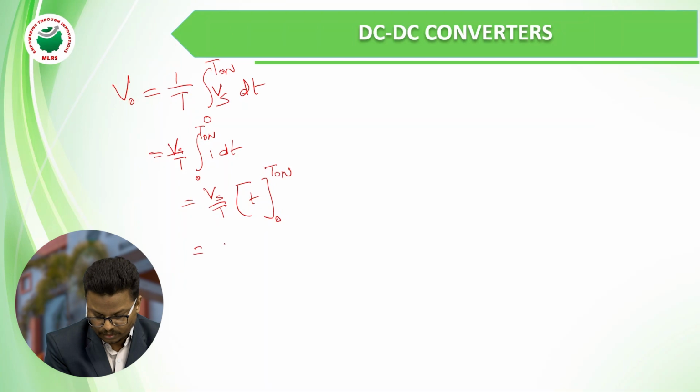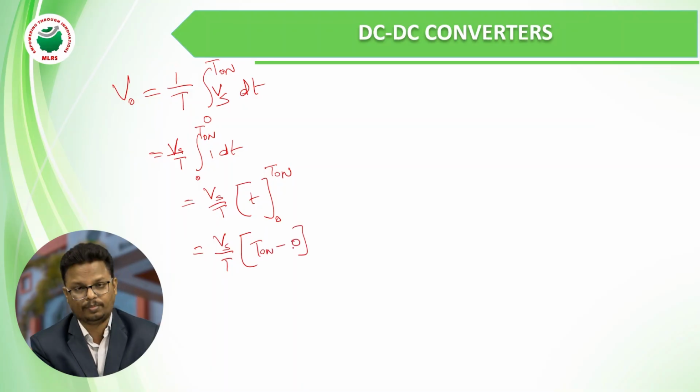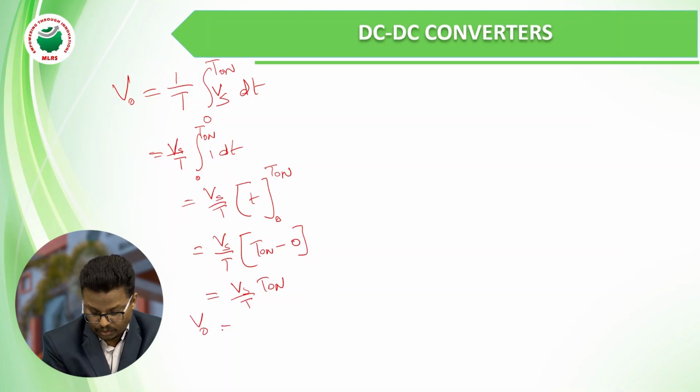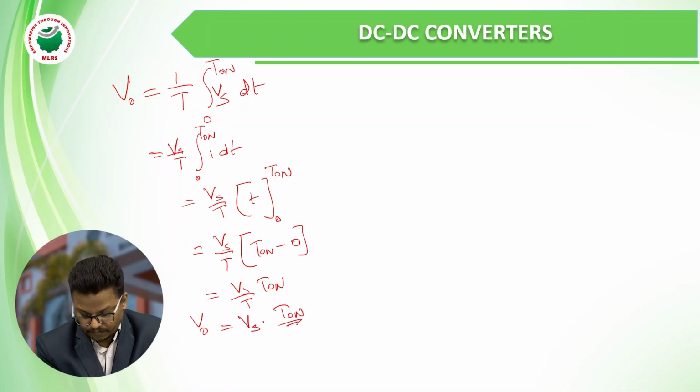So substitute the limits. We will get Vs by T times T on minus 0, the upper limit substituted first, after that the lower limit. So we will get Vs by T into T on. So V naught is equal to Vs into T on by T.